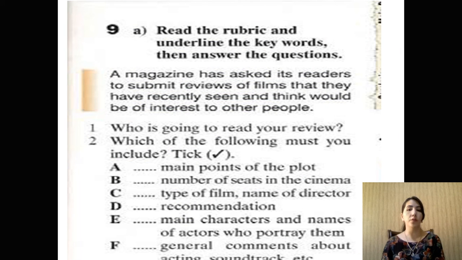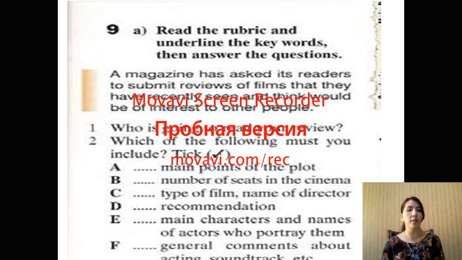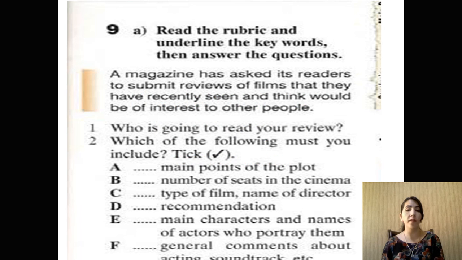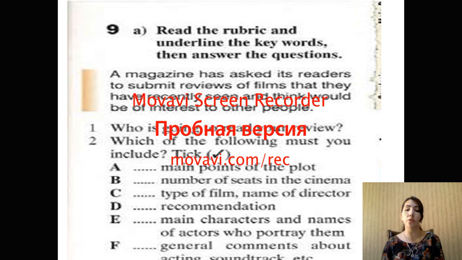Now, read the rubric and underline the key words and answer the questions. A magazine has asked its readers to submit reviews of films that they have recently seen and think would be of interest to other people. The first one. Who is going to read your review? You should take into consideration. The second one. Which of the following must you include?